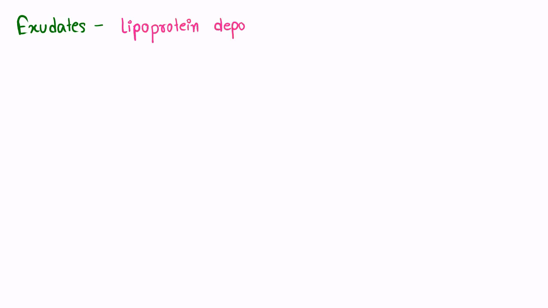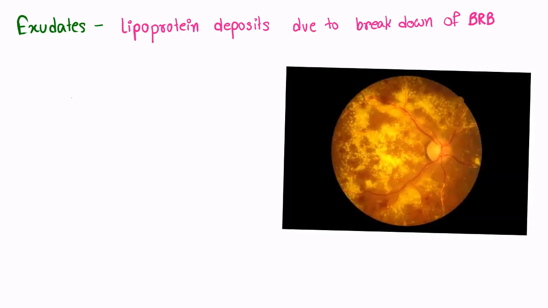These are basically lipid and lipoprotein deposits due to breakdown of blood retinal barrier. These are seen in the outer plexiform layer of retina. In the picture you can see this waxy yellow colored lesion.